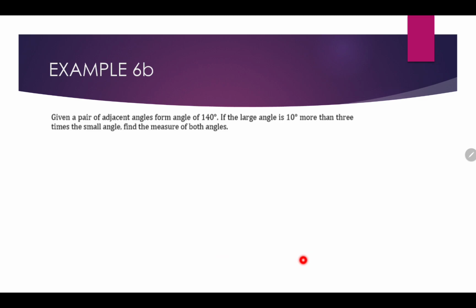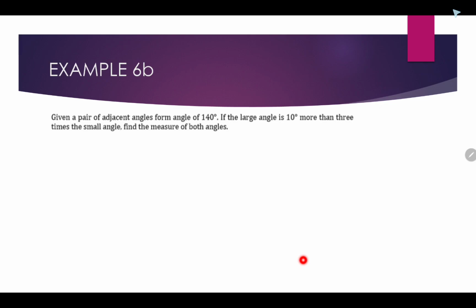You are given a pair of adjacent angles from angle of 140 degrees. If the large angle is 10 degrees more than 3 times the small angle, find the measurement of both angles. Okay, lebih kurang macam soalan tadi.